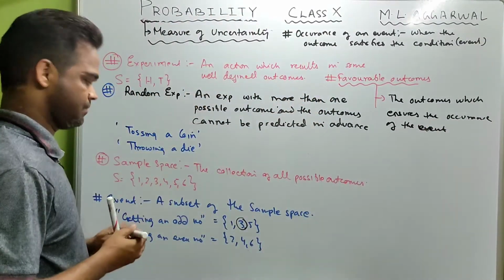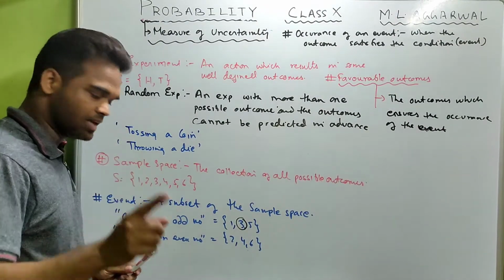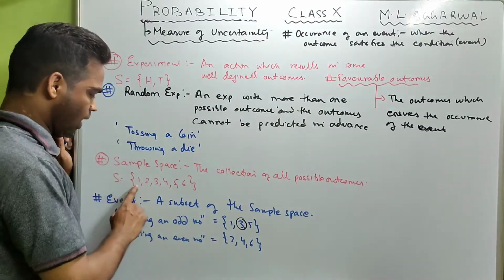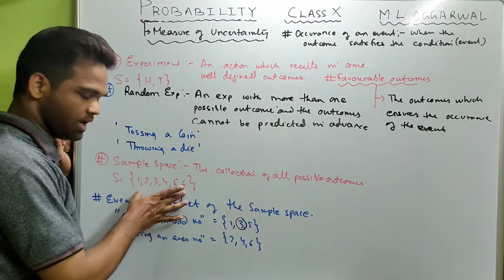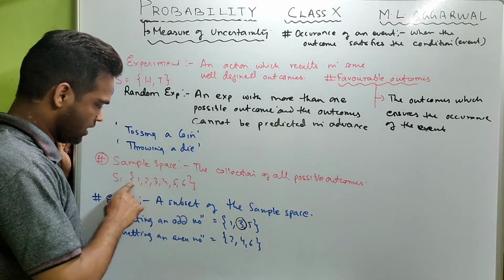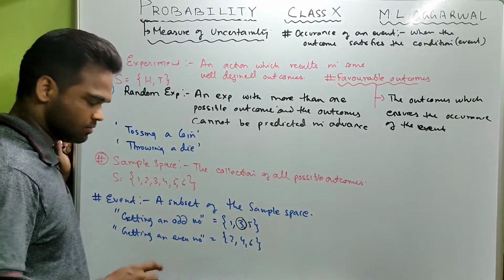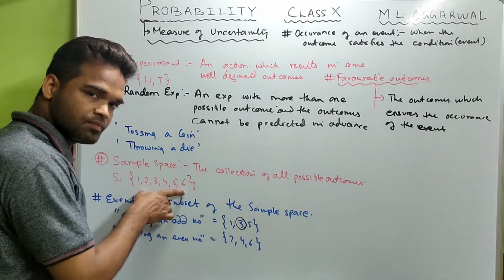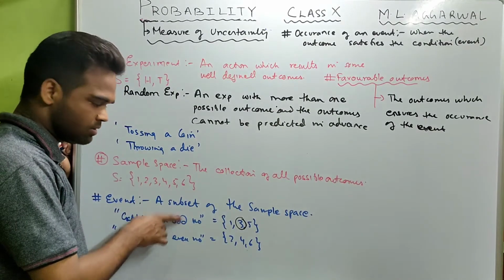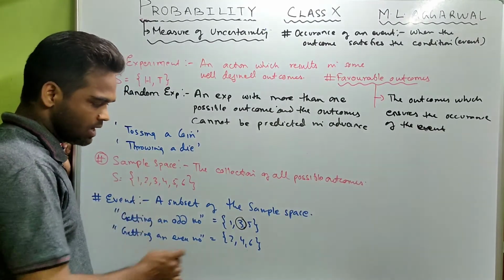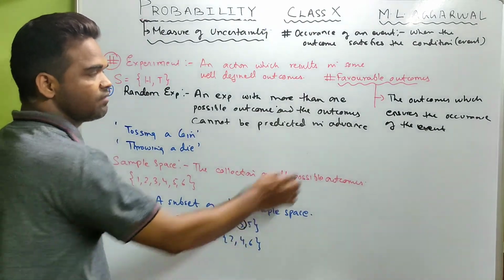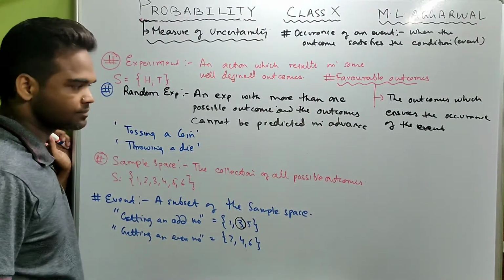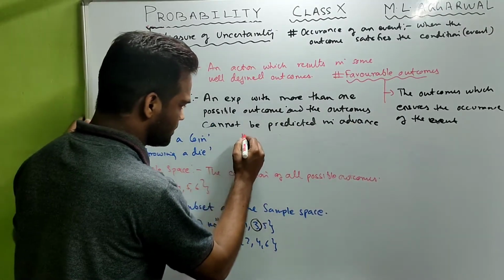For example, throwing a die is an experiment. 1, 2, 3, 4, 5, 6, this collection of numbers, of course in curly brackets, since a sample space is always written in curly brackets, is your sample space. Getting an odd number is your event. And 1, 3, 5 are your favorable outcomes. Am I clear?